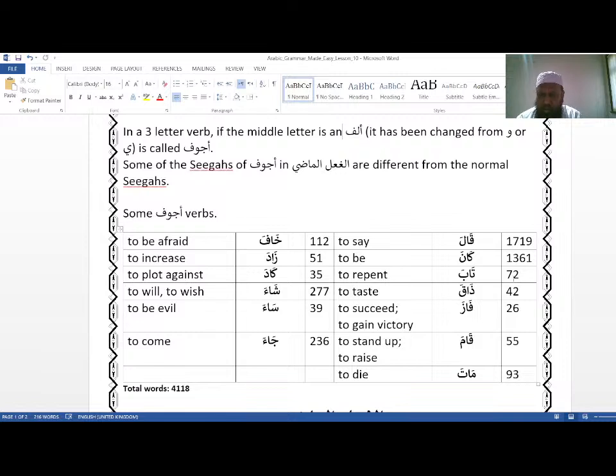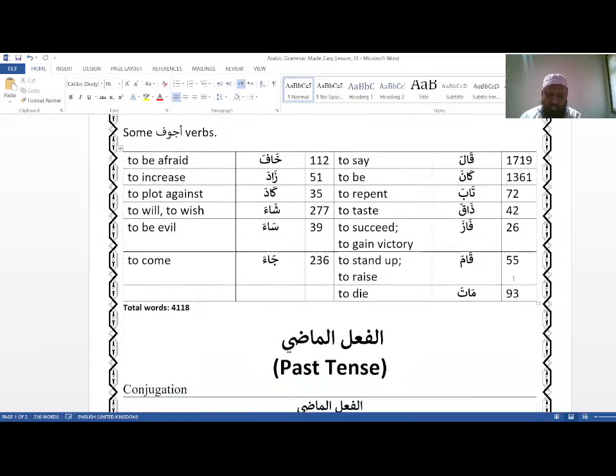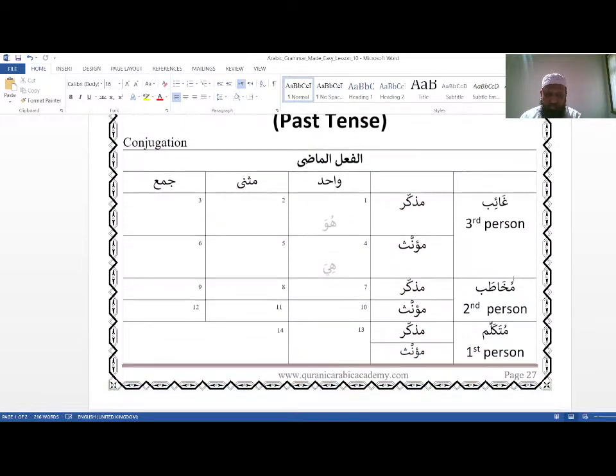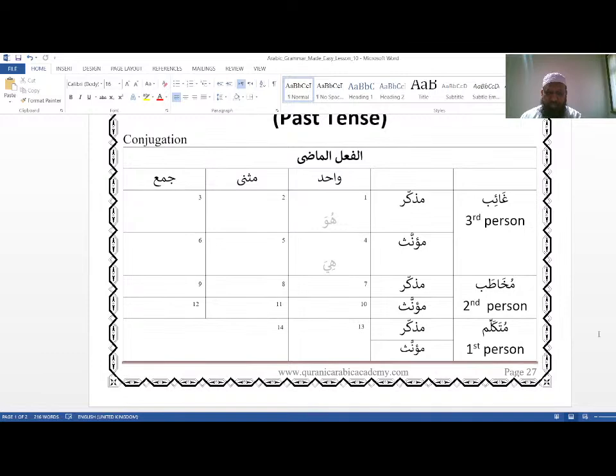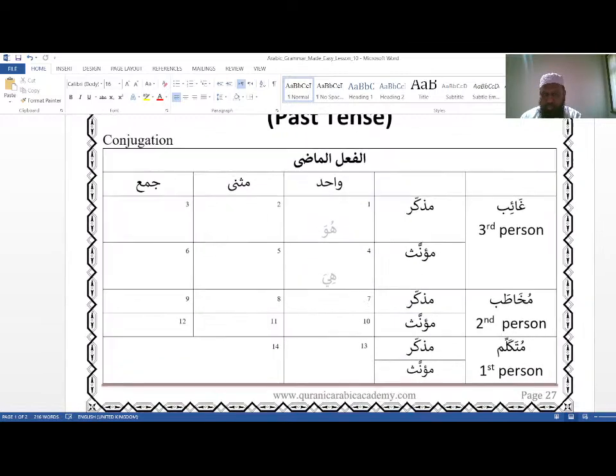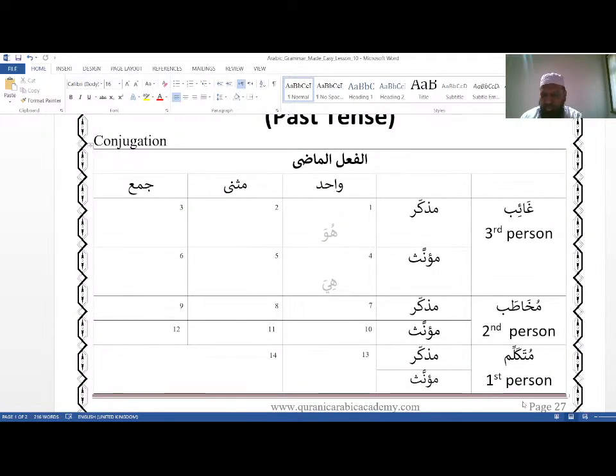Okay, let's take the qala and put it in the chart of fail al-madi and do the 14 forms. The qala, the first figure we already have.